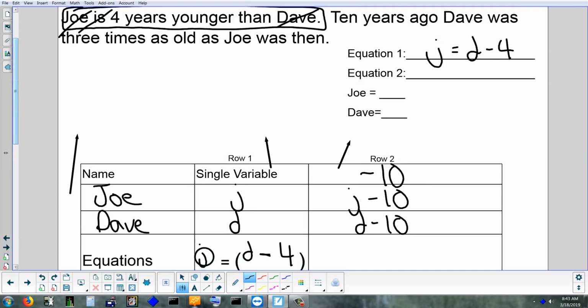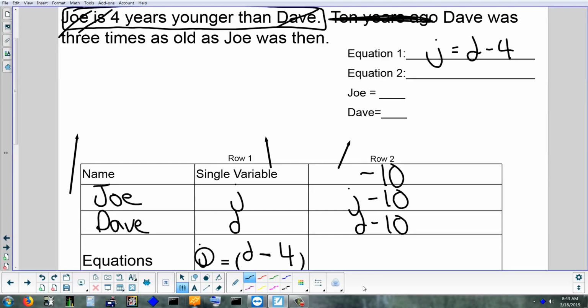So we got 10 years ago. We already covered that. It's not important anymore because we already put the minus 10. After it says 10 years ago, what's the first thing that we see? Ellie? Dave was 3 times. Dave, stop. How am I representing Dave?